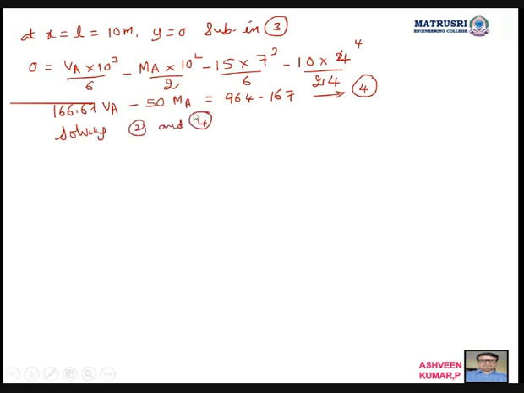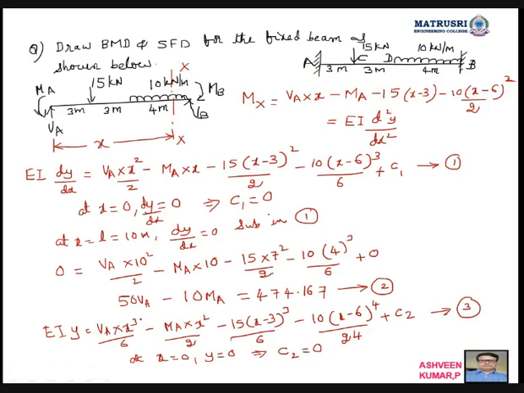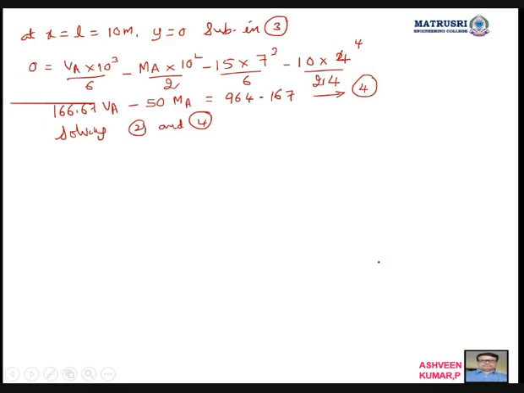Okay, solving equations 2 and 4: 50 VA minus 10 VA. Solving 2 and 4, what are you going to get here? We will get VA. So VA is equal to 16.88 kilonewton. Then MA is equal to 37 kilonewton meter.